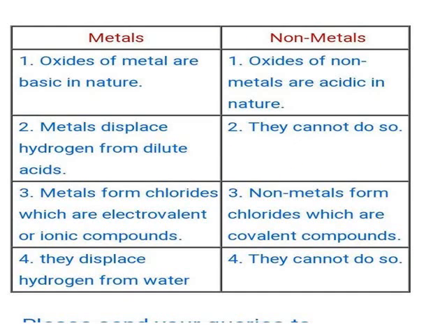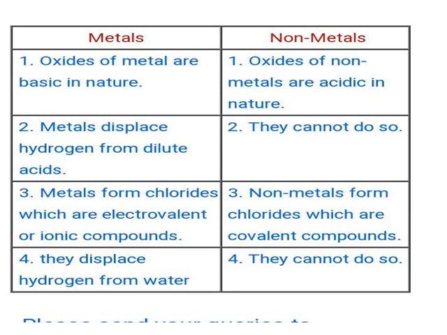Children, here are the major differences between metals and nonmetals on the basis of their chemical properties. First, oxides of metals are basic in nature. Oxides of nonmetals are acidic in nature. Second, metals displace hydrogen from dilute acids, whereas nonmetals cannot do so.